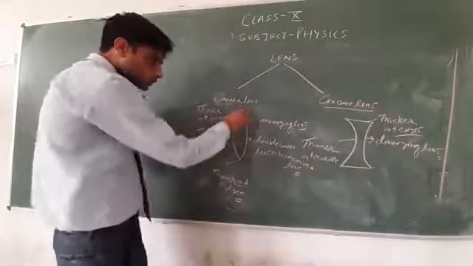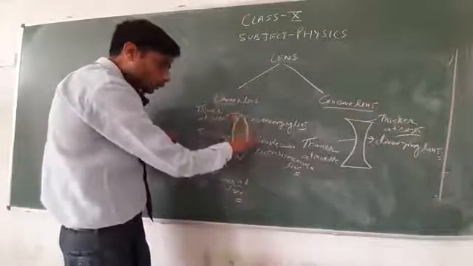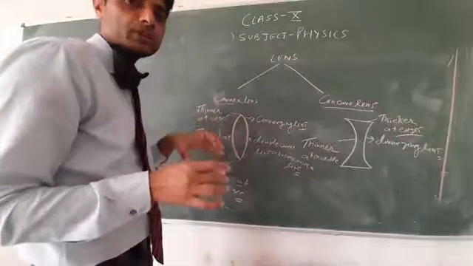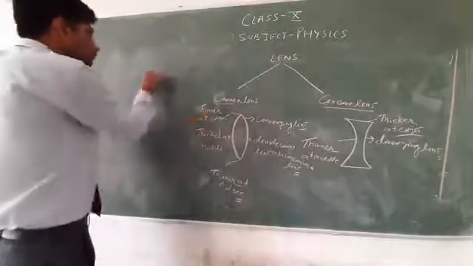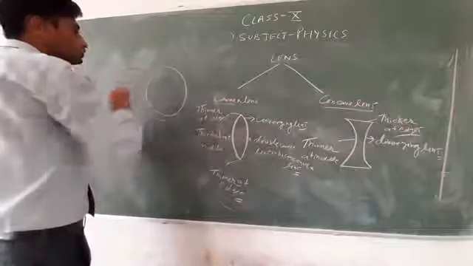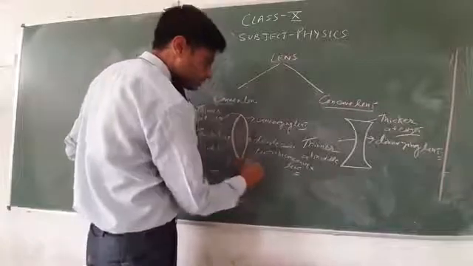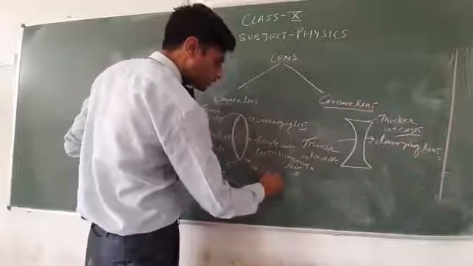If both convex surfaces are formed using the same sphere, then it is known as an equiconvex lens.